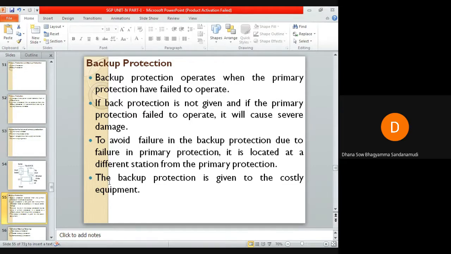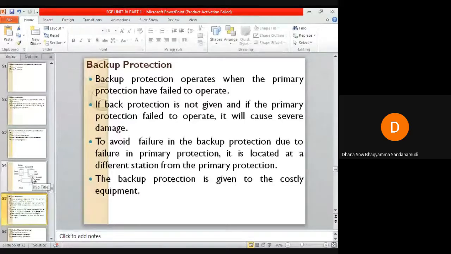If the element to be protected has primary protection that fails to operate, then it is observed in practice that it can cause severe damage in the power system. Therefore it is very necessary to implement backup protection. The arrangement of backup protection is done in such a way that failure in the primary protection should not cause failure in the backup protection.